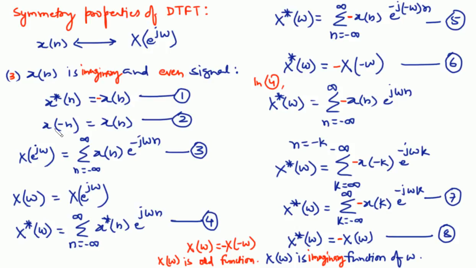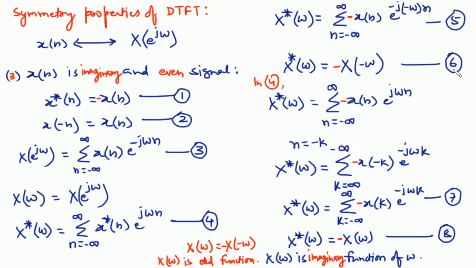And if x[n] is an even signal, then x of minus n is x[n], or x of minus k is x[k]. So x of minus k is replaced by x[k]. Now if I compare expression 7 and 3, then the right hand side is minus of X omega. So complex conjugate of X omega is minus of X omega. It means X omega is an imaginary function of omega.